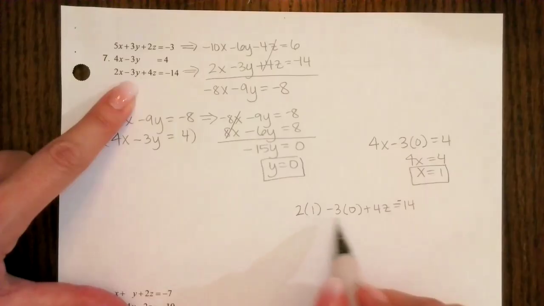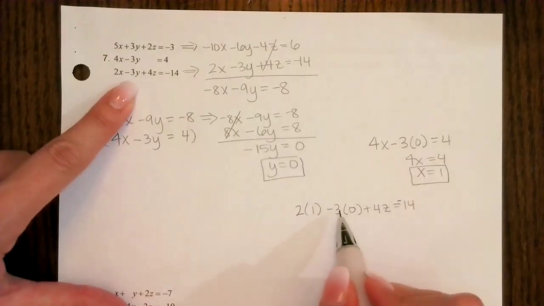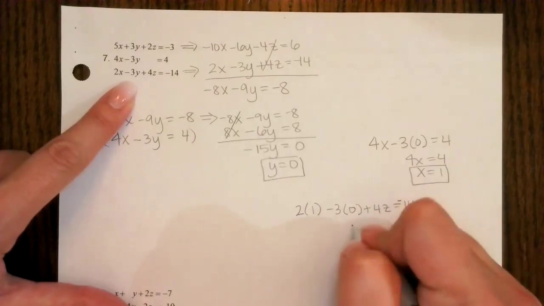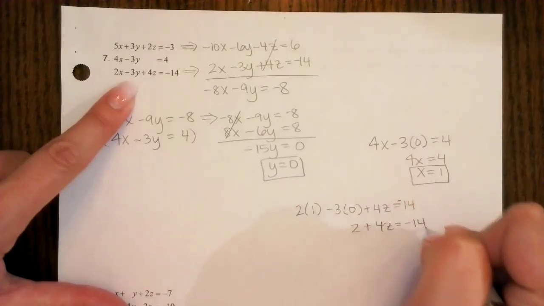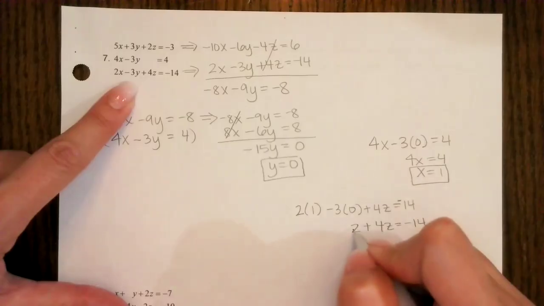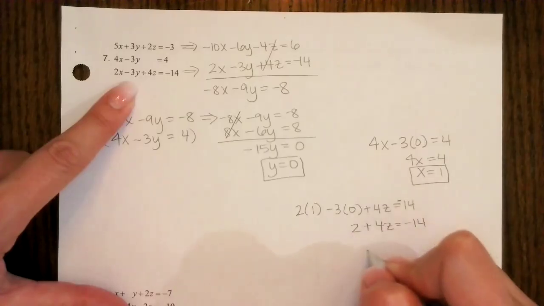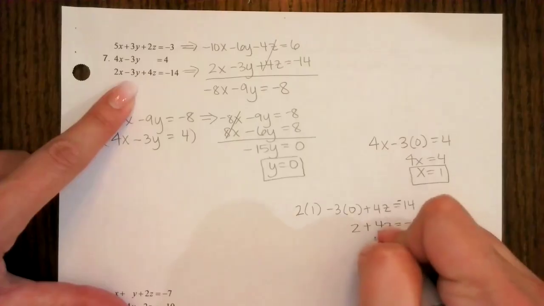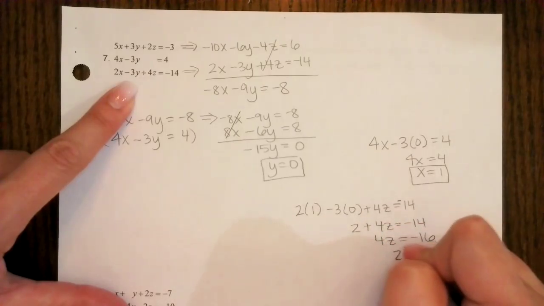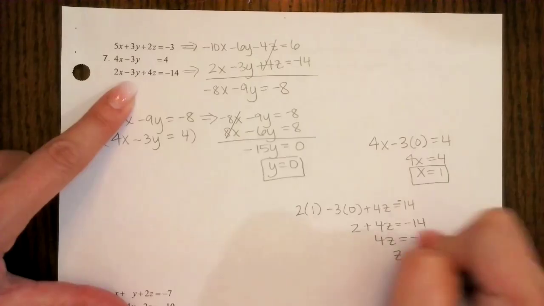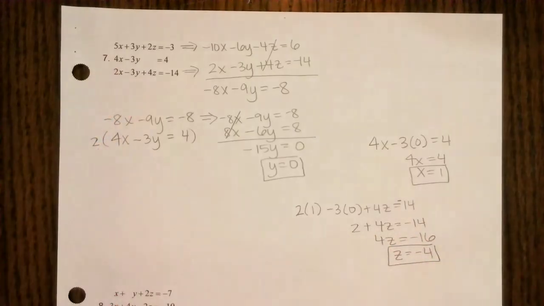That's 2 minus 0, because anything times 0 is 0. So we get 2 plus 4z equals -14. I subtract the 2, and I get 4z equals -16. So z is -4. We have solved the 3-variable system.